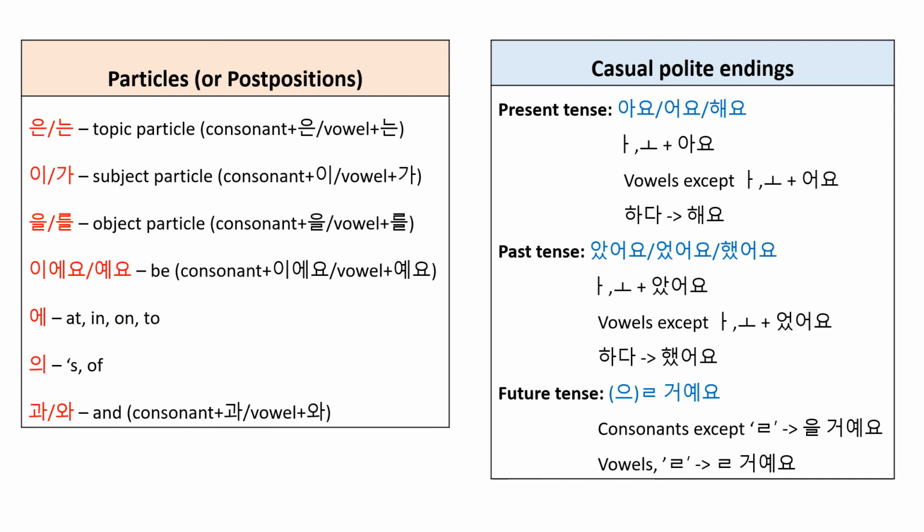Now, you learned about particles and changing verb endings. The particles and verb ending forms I presented here are just a few examples. There are lots of particles and verb ending forms and lots of exceptions. If you learn more vocabulary words, it will be easier to make sentences.